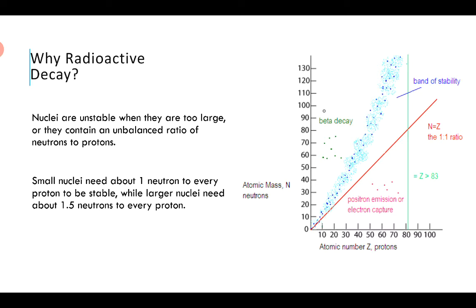We saw in beta emission that our atomic number went up. So in beta decay, the negatively charged beta particles, our atomic number increases. And in positron emission, our atomic number decreases.